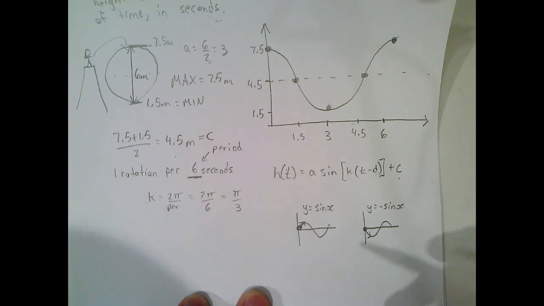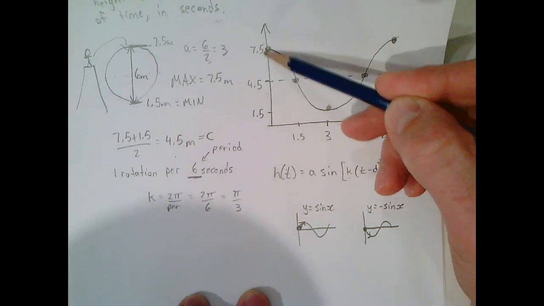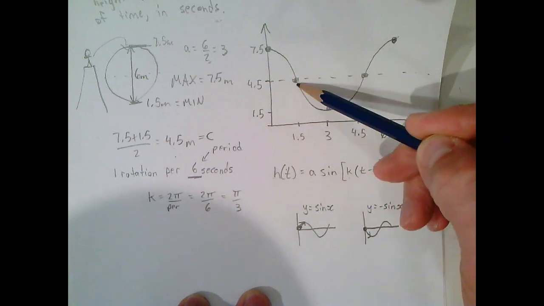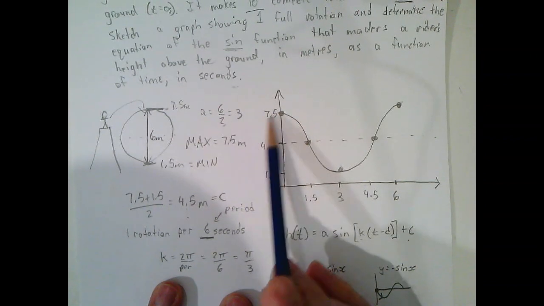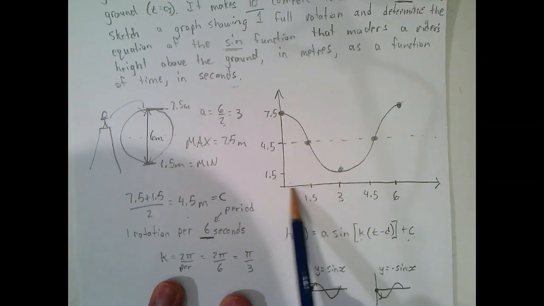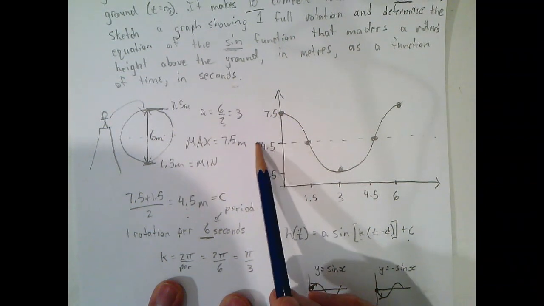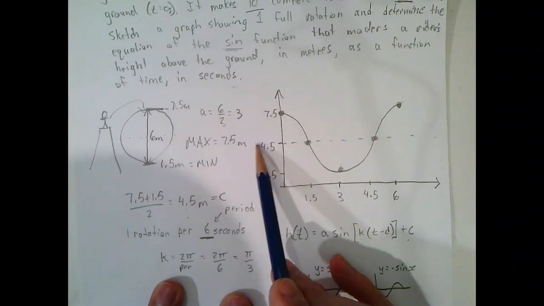Again, cosine, as we know, starts at the max going down, and we could flip it over for negative cosine starting at the min going up. The other thing we could extrapolate is that this goes back another distance the same as this, a quarter point, 1.5 seconds, and that could be our start point.